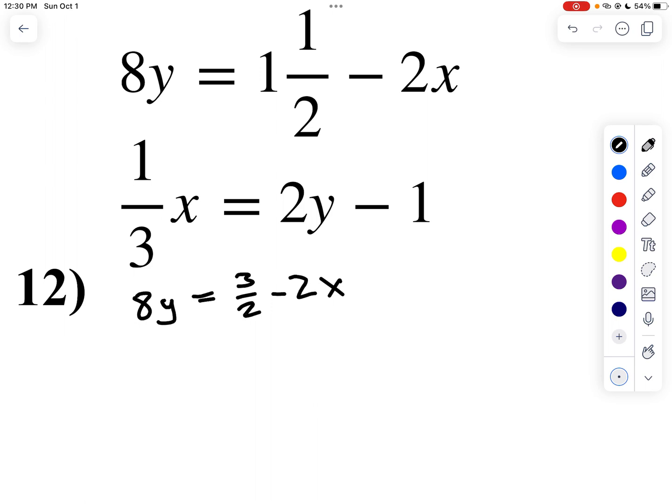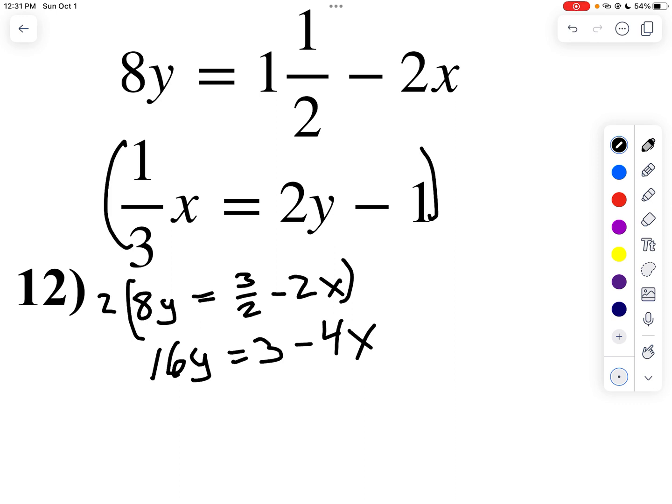And I think we'll multiply that whole equation by 2. That way we don't have to worry about it. 16y equals 3 minus 4x. The second equation, you only have one fraction, it's 3. So I'll get x equals 6y minus 3.